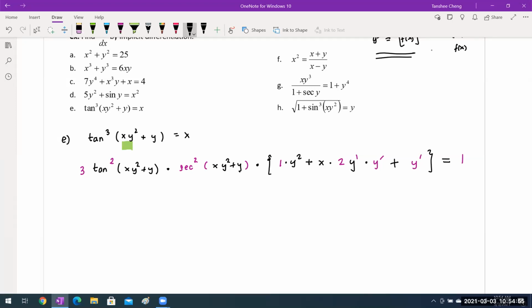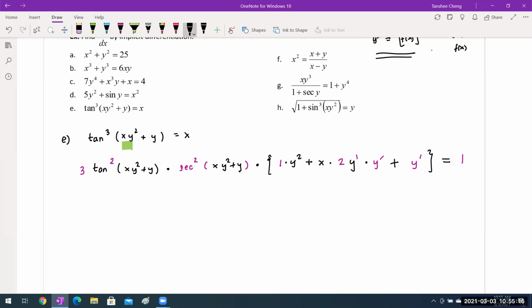So notice that this is a very lengthy derivative, and you really need to be careful. When we are simplifying this, all of this are factors, so I can divide it to the other side, and then we'll take care of the inside portion.